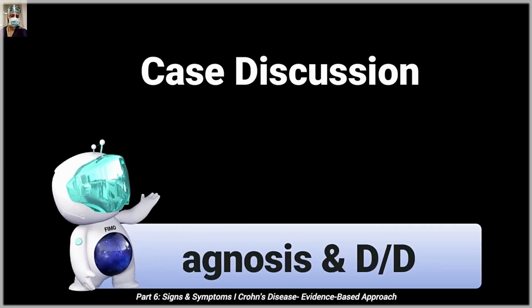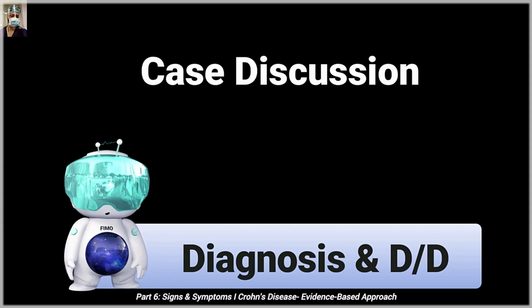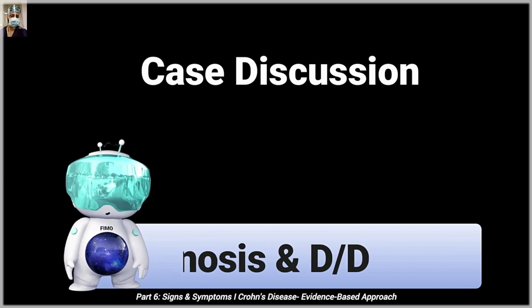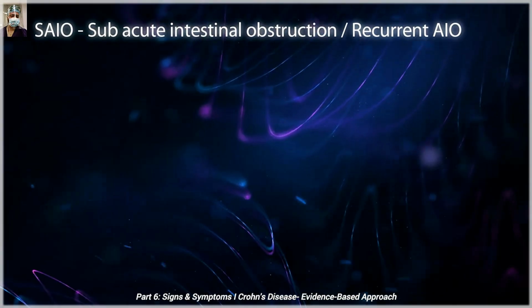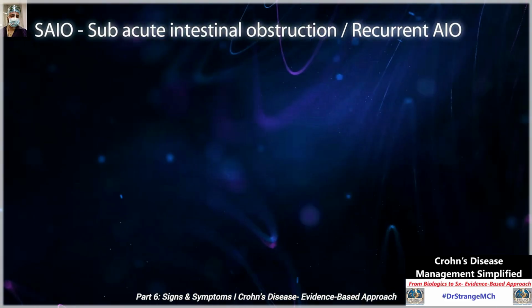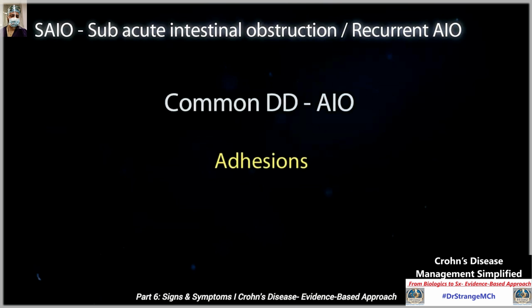So, coming back to our case, we have a 38-year-old male with a recurrent history of subacute intestinal obstruction and chronic diarrhea, abdominal pain, unexplained weight loss with nocturnal symptoms, and diarrhea of long duration for 4 to 5 months. We have a clinical diagnosis of recurrent acute or subacute intestinal obstruction.